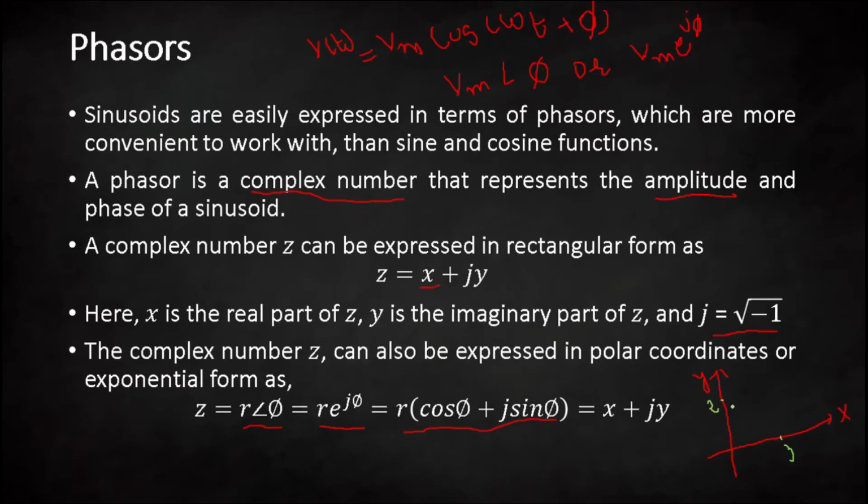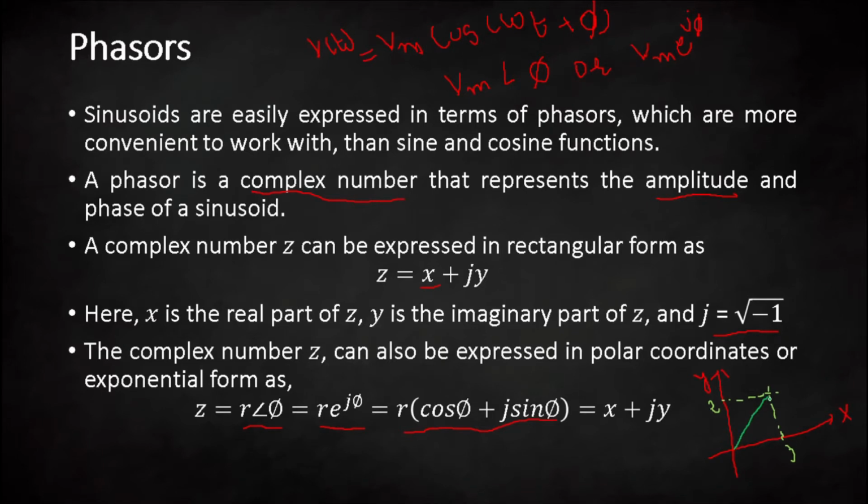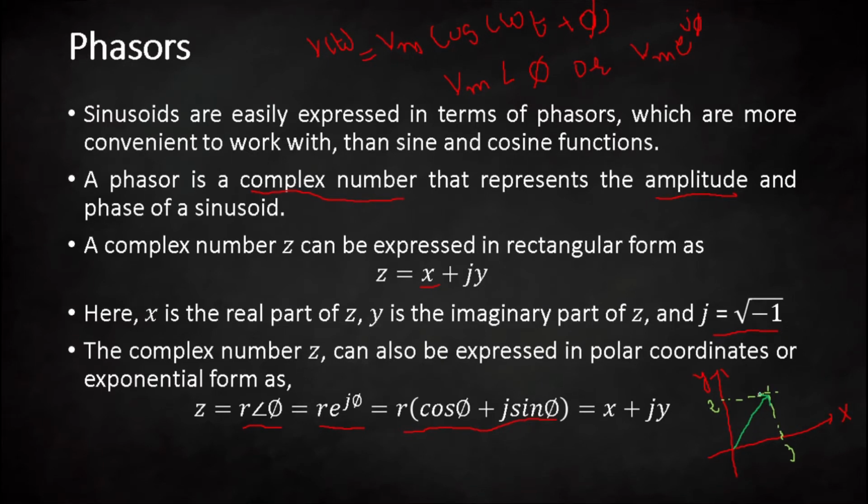Okay, so if you plot the value of z in a complex plane, then it will look like this. So this is your vector z equal to x plus jy.